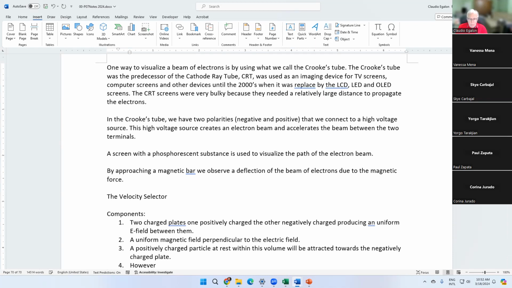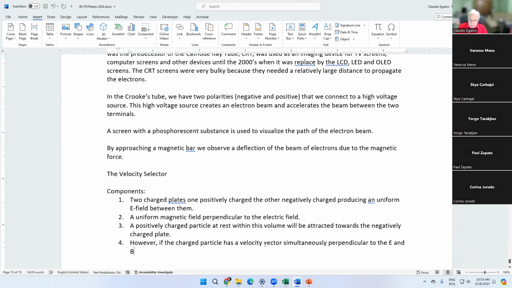However, if the charged particle has a velocity vector simultaneously perpendicular to the E and B fields, right?